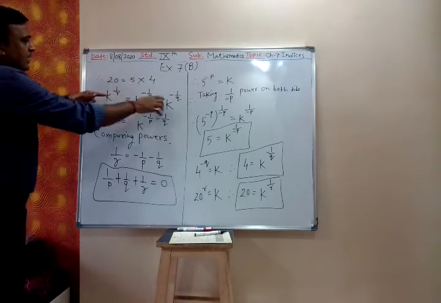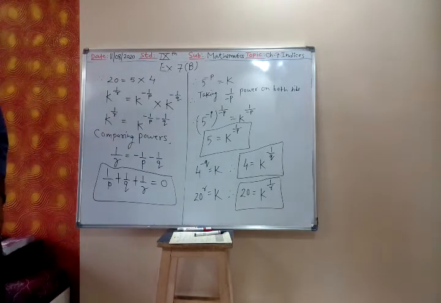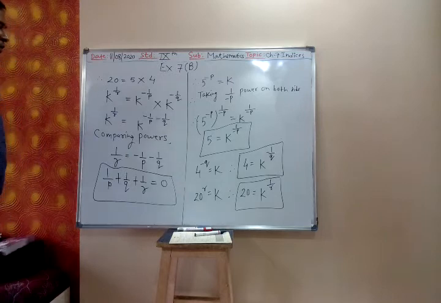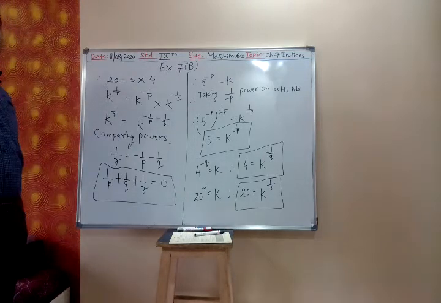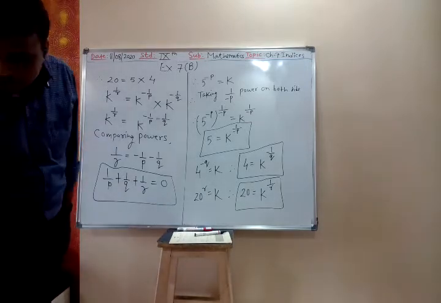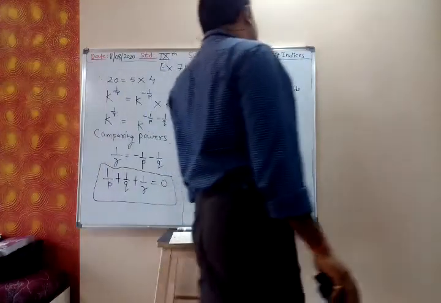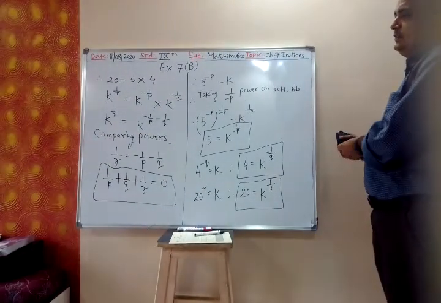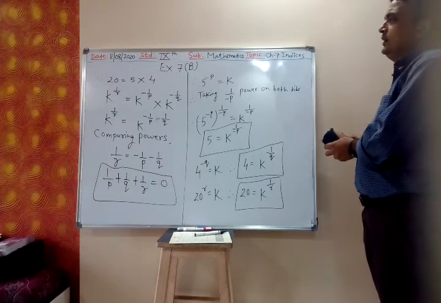Now p, q, r are in the picture. You can write 20 upon 5 is equal to 4. Then 20 will be 5 into 4. One more step you have to write, because you are in 9th standard. So directly you write 20 as 5 into 4. Yes, whatever you are saying, absolutely you can.